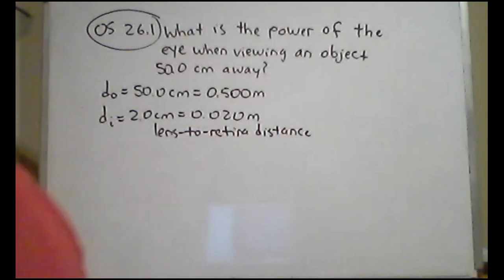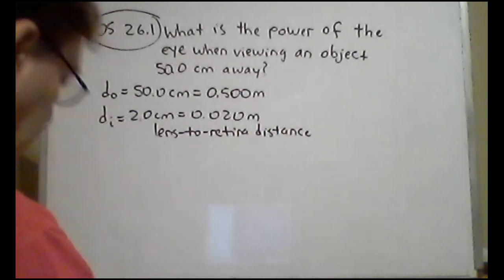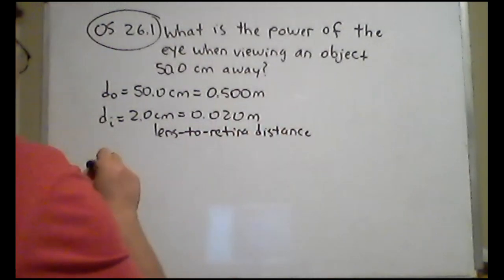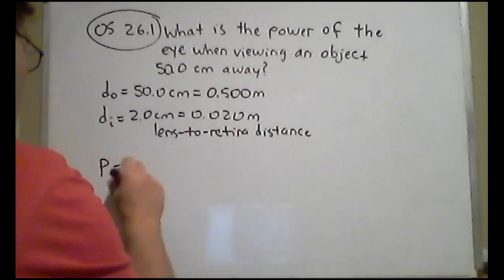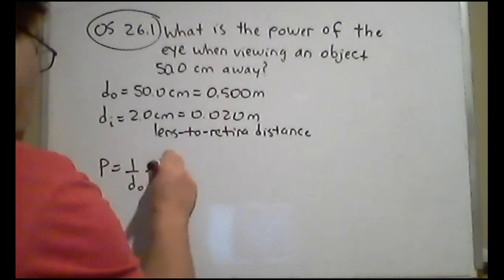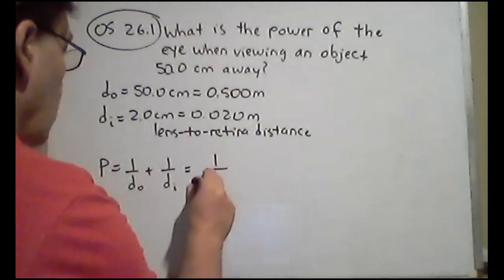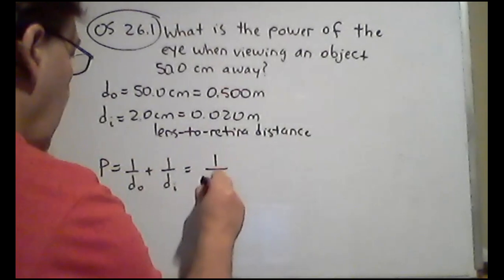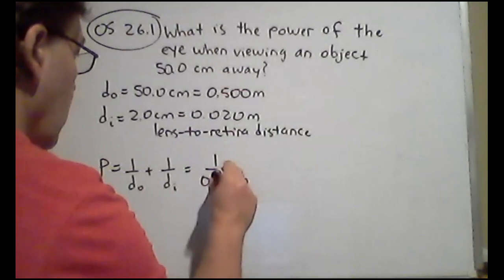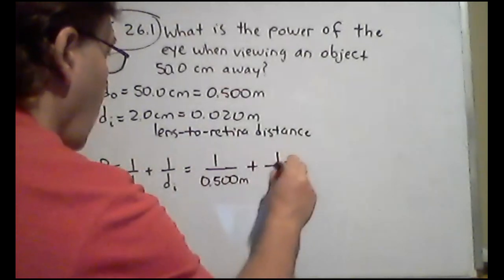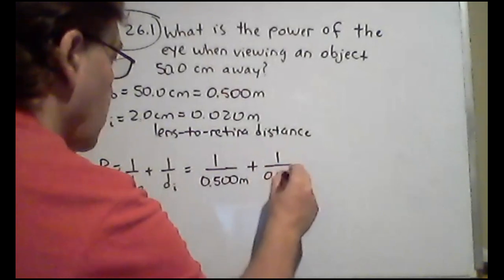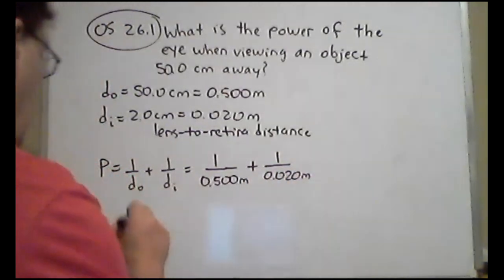All right. What's the power? Well, we can just plug it into the formula right away. So P, eye doctor's formula, equals 1 over d sub O plus 1 over d sub I, or 1 over 0.500 meters plus 1 over 0.020 meters.